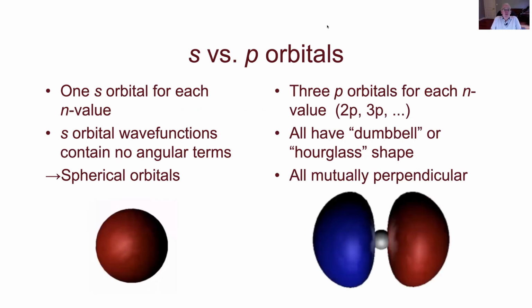So here, for example, we have some pictures on the bottom that describe what s and p orbitals look like. The s orbitals come in sets of one, essentially. For each n, I get one single s orbital: a 1s, a 2s, and so on. Remember, in the equation for that 2s wave function, there were no angle terms. There were no theta and phi variables showing up. That means the orbital has to be spherical.